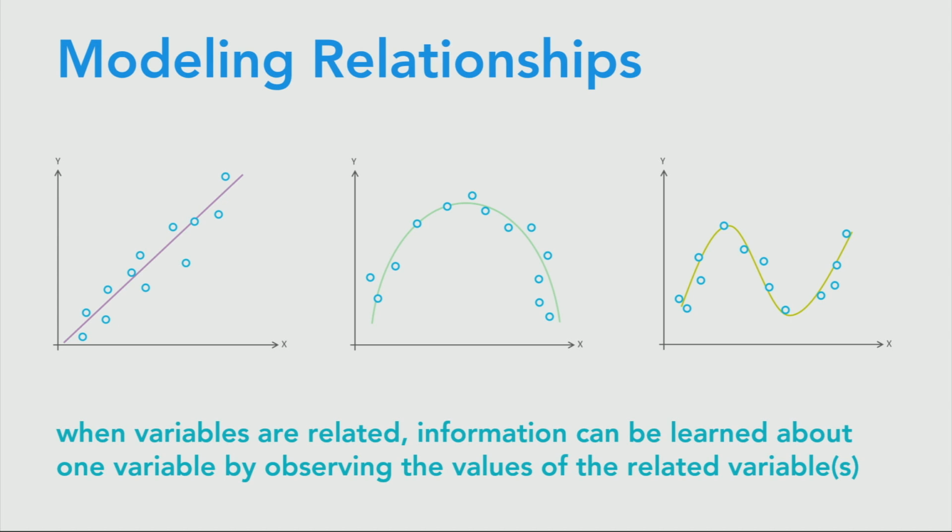If we see that linear relationship and we know the value for X, we can take a good guess at what the value for Y would be because of that line that we have. If we have a more complex kind of relationship, like a convex shape or even a sine wave, all of these relationships help us learn about one variable by predicting where it would fall along the line based on the values that we have for other variables.